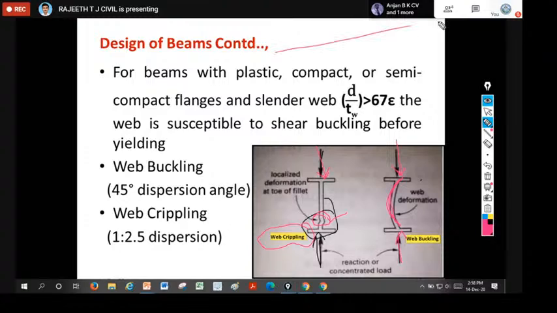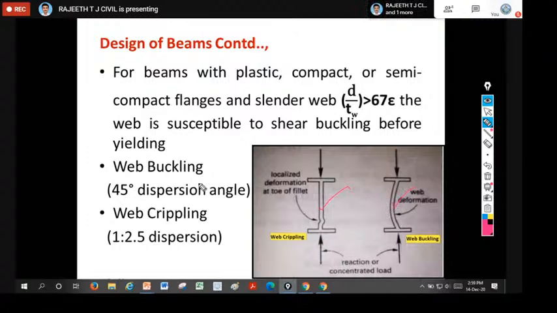At the end support of an I section beam, you get the maximum shear from the support reaction. Therefore, this portion is very critical for web buckling and web crippling, so we should check both here.